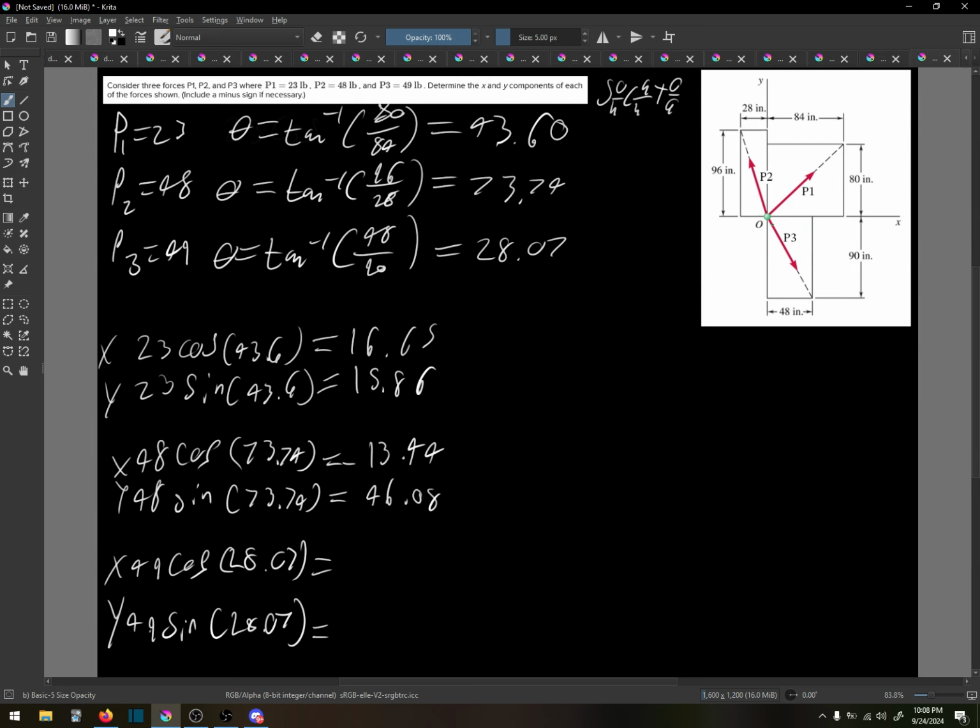P3 is going to be negative y, but positive x. So 49 cosine 28.07, I'm getting 43. Whoa. My sine and cosine seem to be flipped.